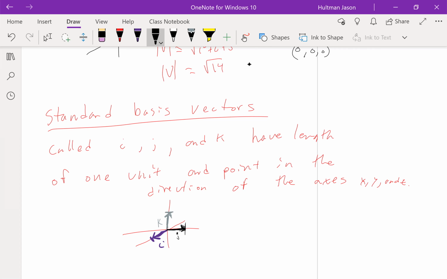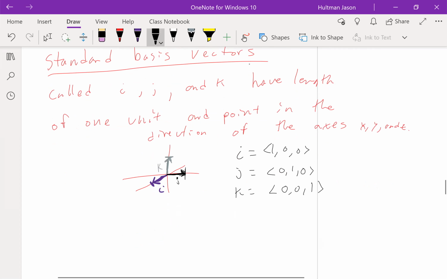Okay, so think of I as 1, 0, 0. Think of J as 0, 1, 0. And think of K as 0, 0, 1. Okay.